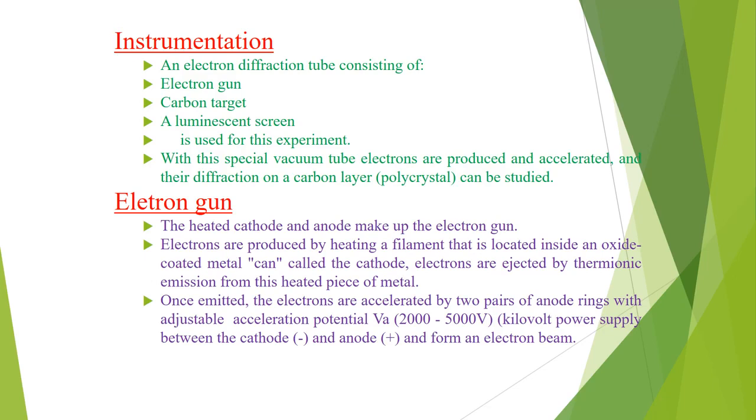Once emitted, the electrons are accelerated by two pairs of anode rings with adjustable acceleration potential. The voltage required is 2000 to 5000 volts, a kilovolt power supply between the cathode and anode, and forms an electron beam.